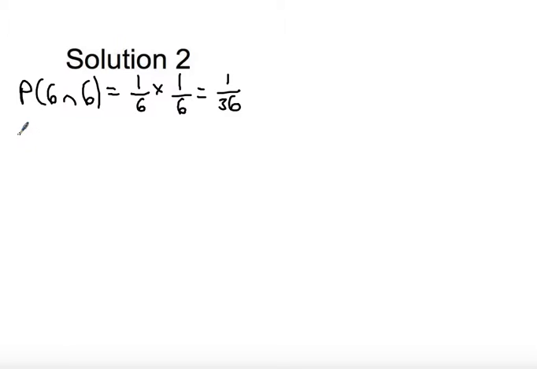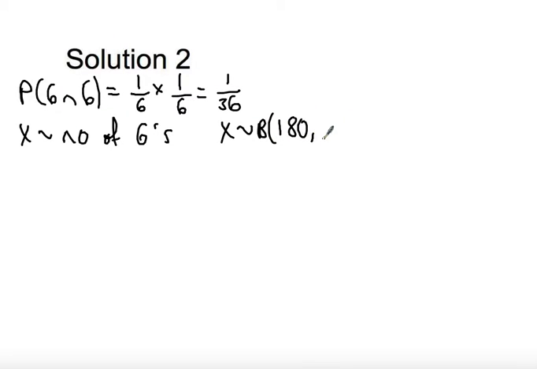Now, if X is the number of double sixes, then X is distributed binomially. The number of trials was 180, and the probability of a success is 1 over 36.